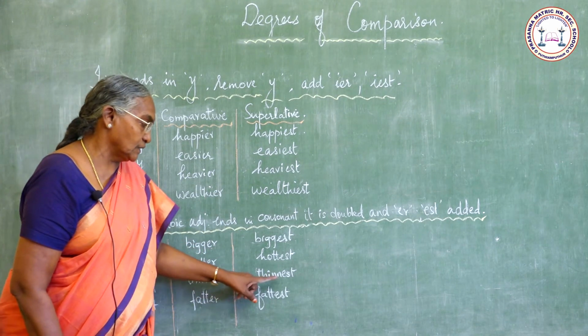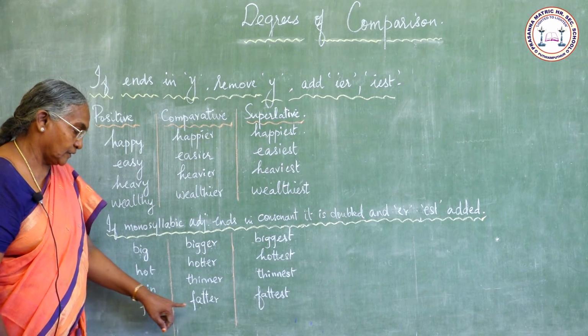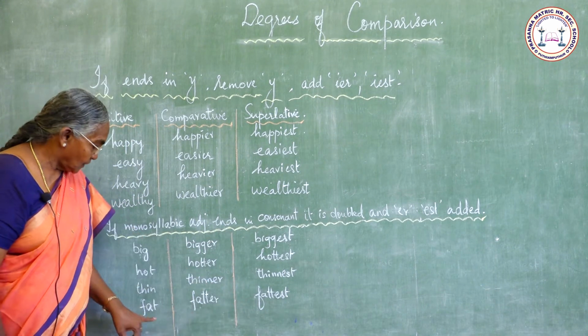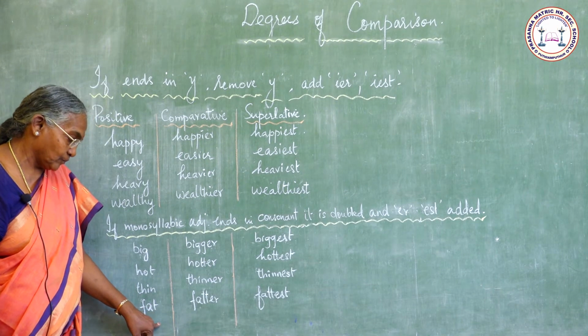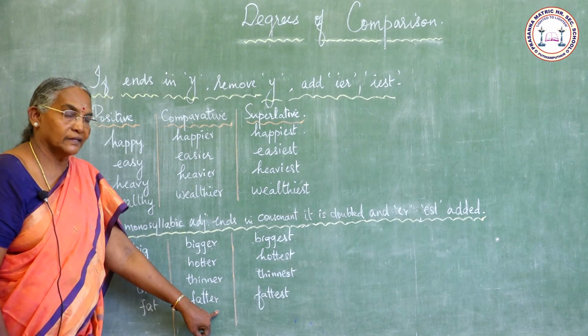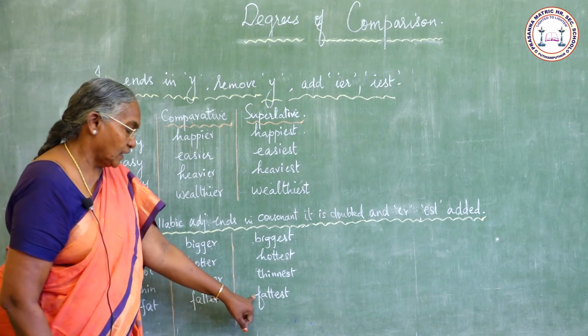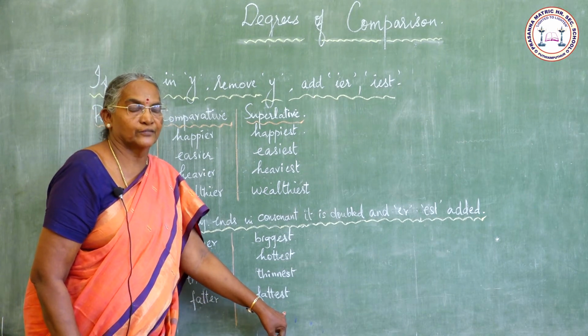Here the consonant is doubled and EST is added for superlative. Fat, fatter, fattest. Fat, a monosyllabic adjective, ends in T. The T is doubled here and ER is added for comparative, and here also the T is doubled and EST is added for superlative.